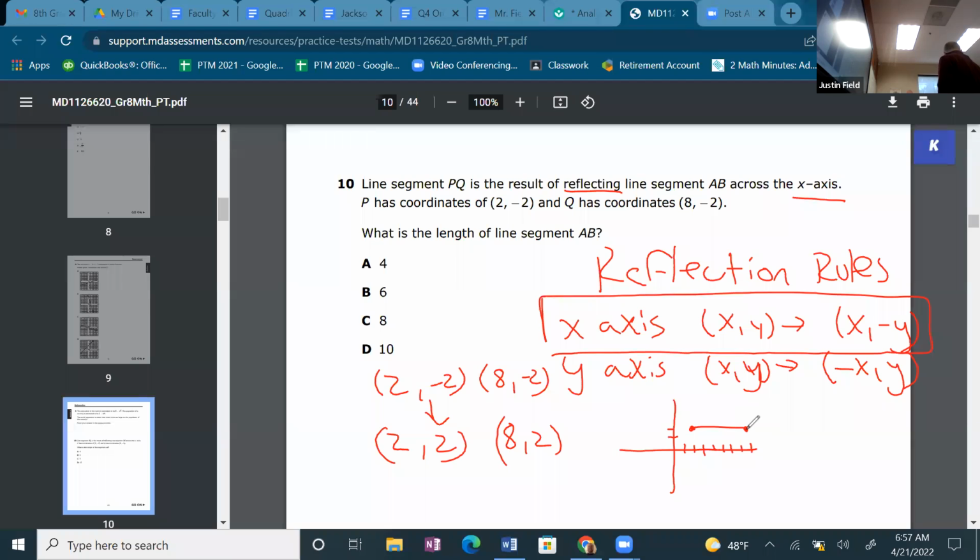Length is 8. It's not 8, because it doesn't start at 0, it starts at 2 and it goes to 8. So subtract, which would be 6. Yep. Is that one of our choices? Yes. Yay! So we're going to pass the 8th grade.